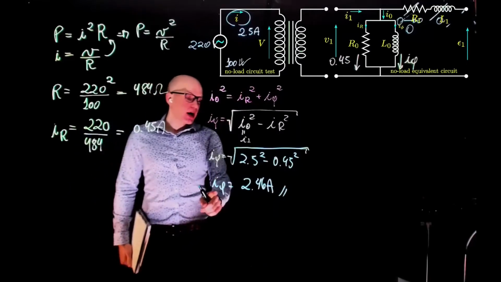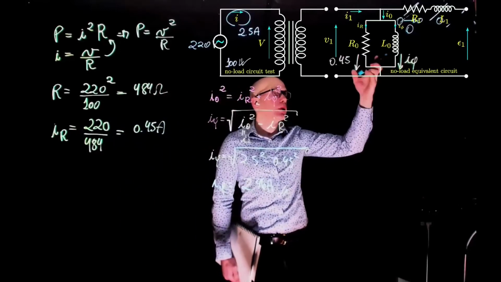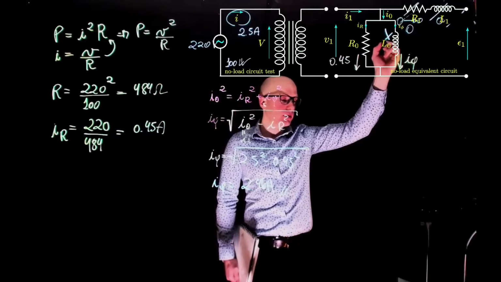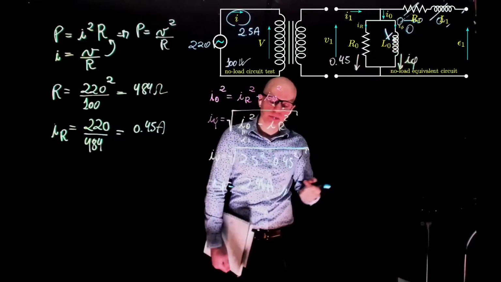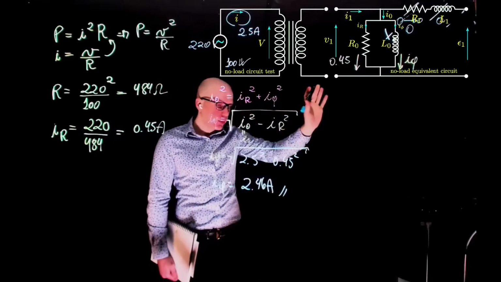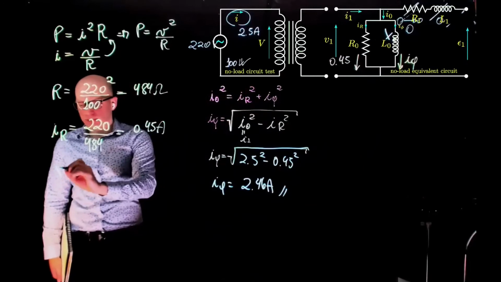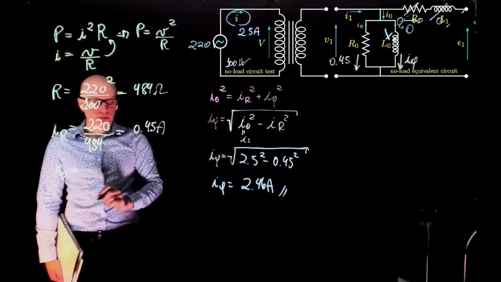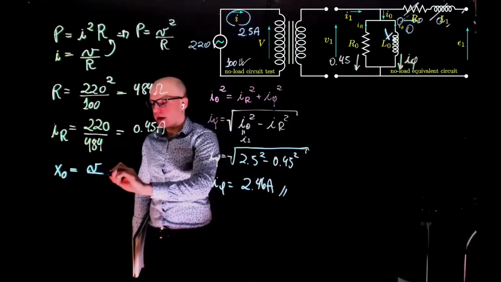Now, based on this I phi, we can calculate the reactance X0. We can calculate L0 later if we want through the frequency. But let's calculate the entire reactance at this point. What is X0? Is V divided by I phi.